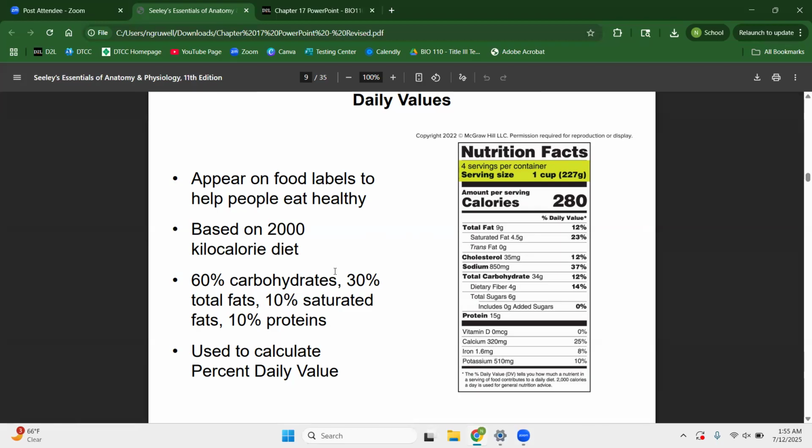That's a subcategory. You do not need to memorize these percentage values, but you should understand that this is what they are basing the percent daily value off of. So our 34 grams of carbs are 12% of the total calories of this 2,000 kilocalorie, or uppercase C calorie, diet. Now, this is where the debate really comes in.